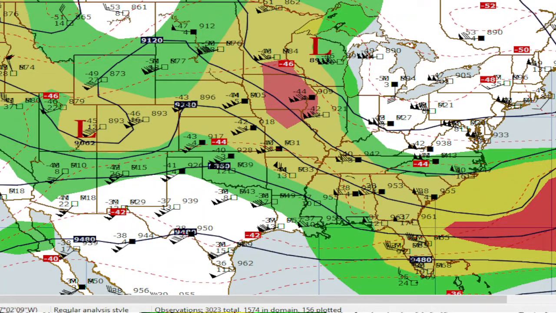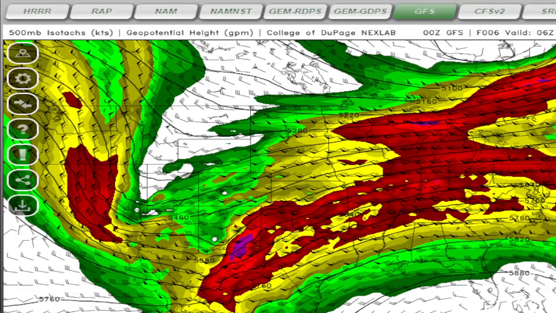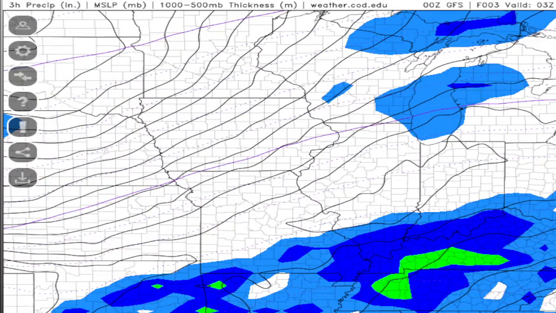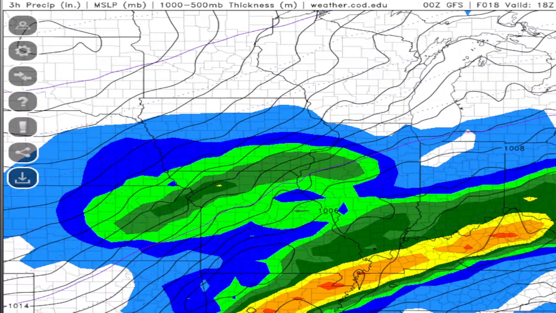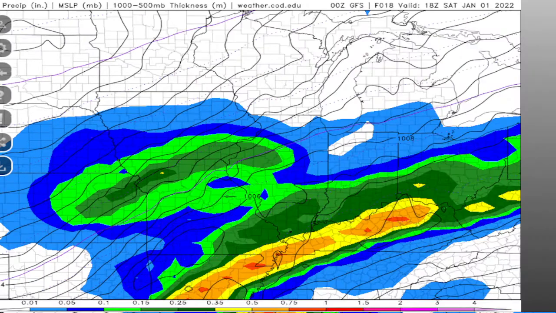Alright, let's go back to the models. Get the times where you can see them. When we push this through, like I said, it takes a little while for that low pressure system to come across. And then we had a low pressure system kind of break off, and it looks like it breaks off right there. Let's get your tool up here.